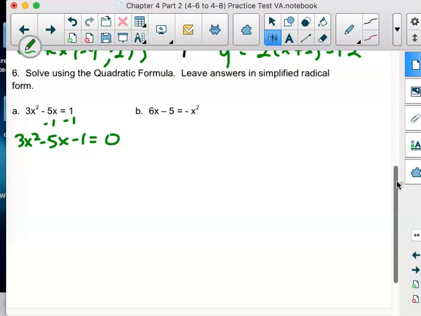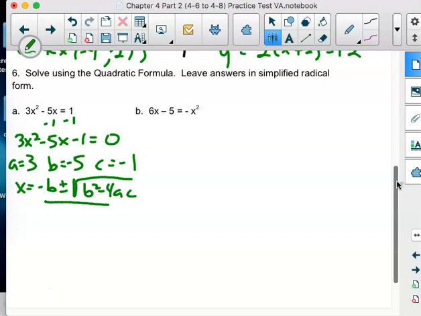And then let's write down A, B, and C so we don't get messed up. A is, B is, C is. Is a little song playing in your head yet? X equals negative B plus or minus the square root of B squared minus 4AC all over 2A. All right, so let's put them in.